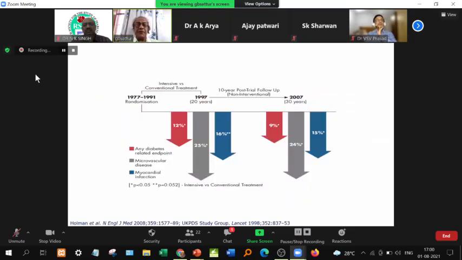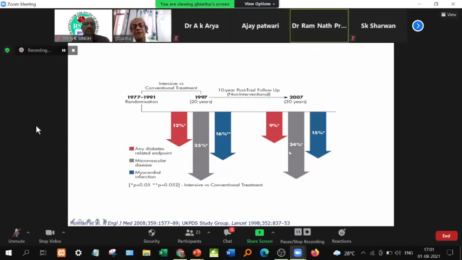This is the UKPDS study that I was talking about, a landmark study ever. However, despite the microvascular benefit, what came out extremely effectively was in the 10-year follow-up, where the HbA1c sort of converged.